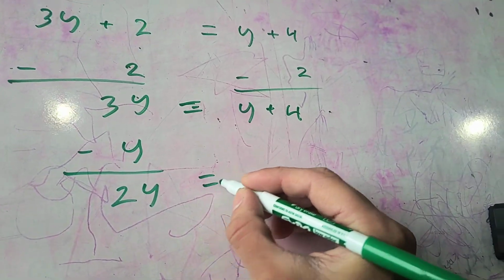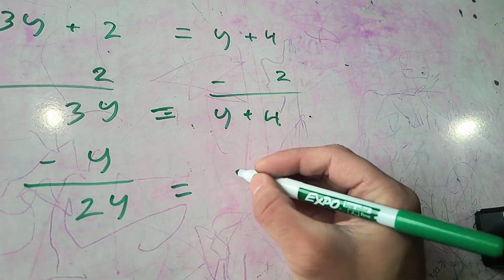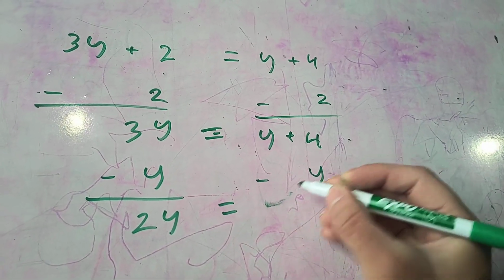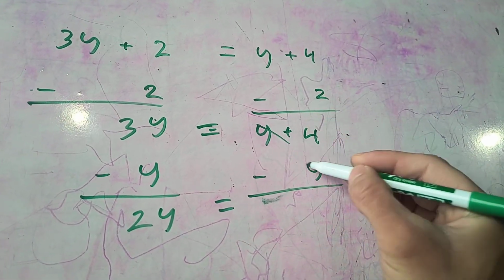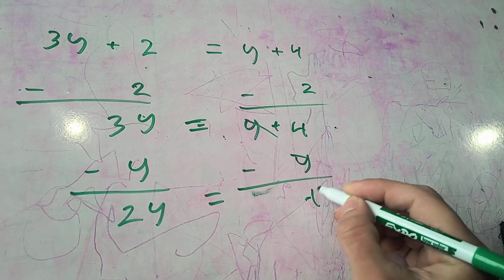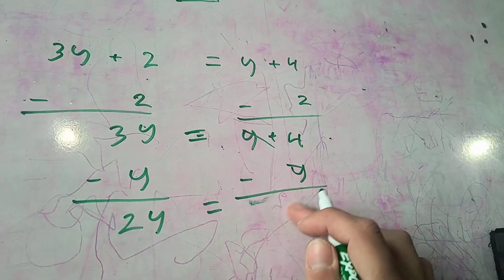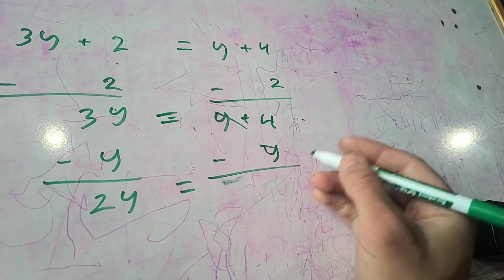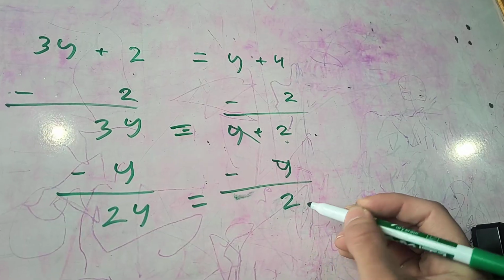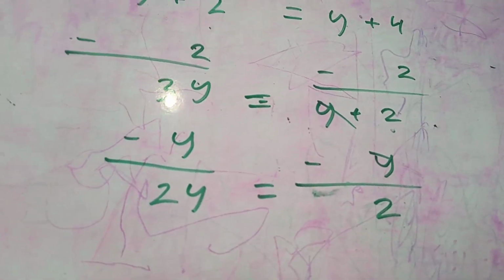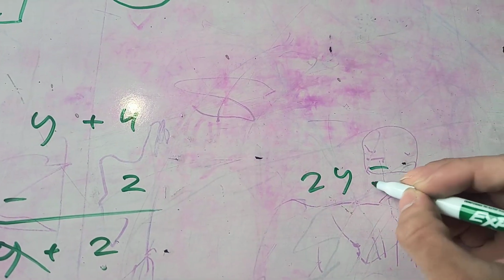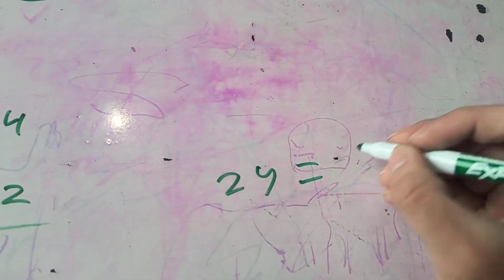And then subtracting 1y from the other side, this is now just 2. So now we have the equation 2y is equal to 2 of these kilogram blocks.